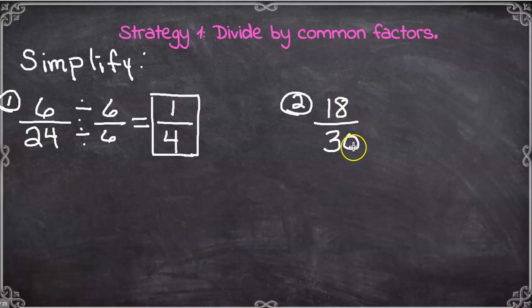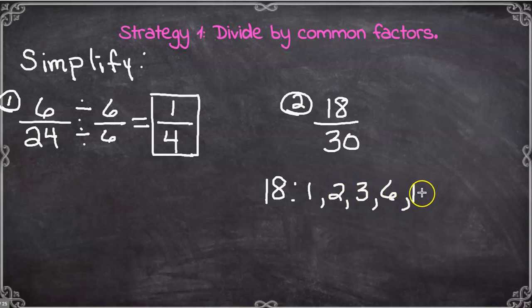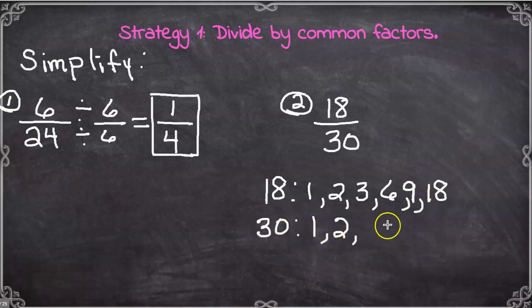I know that this is my fraction in simplest form. Now let's look at 18/30ths. I could find the GCF, or the greatest common factor, of 18 and 30 by listing my factors. These are the factors of 18. For 30, the factors are 1, 2, 3, 5, 6, 10, 15, and 30.